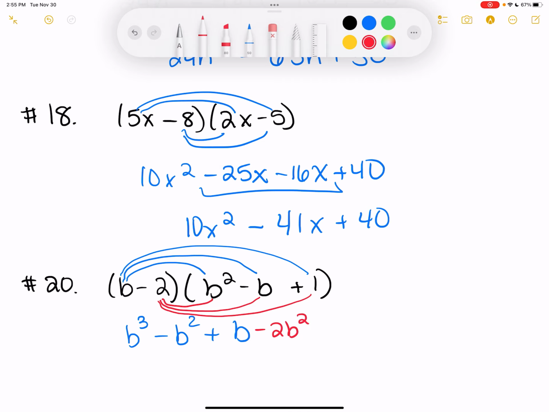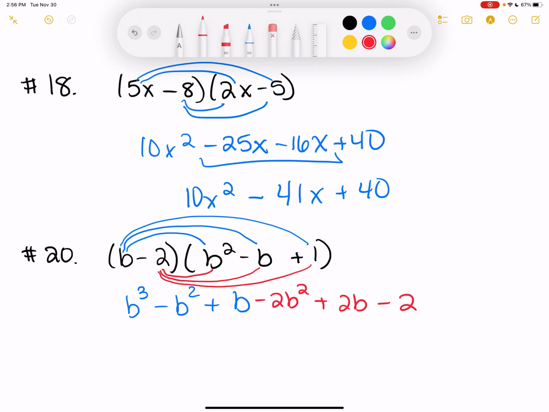Negative 2 times negative b is plus 2b. Negative 2 times 1 is negative 2.